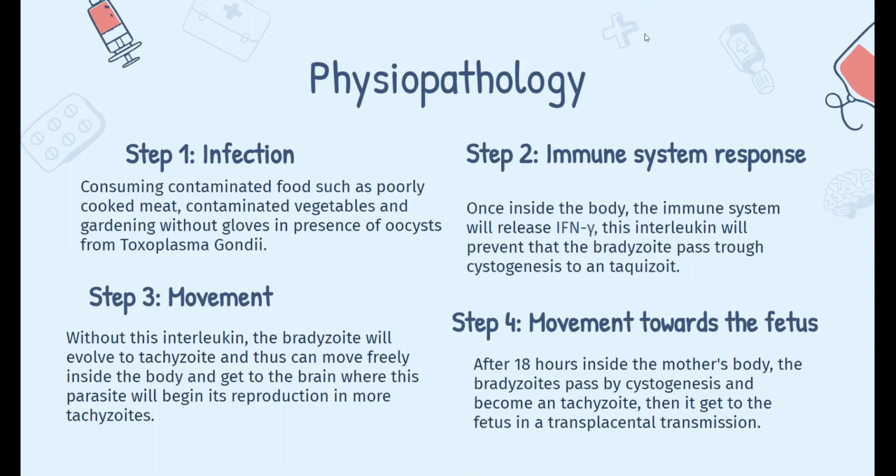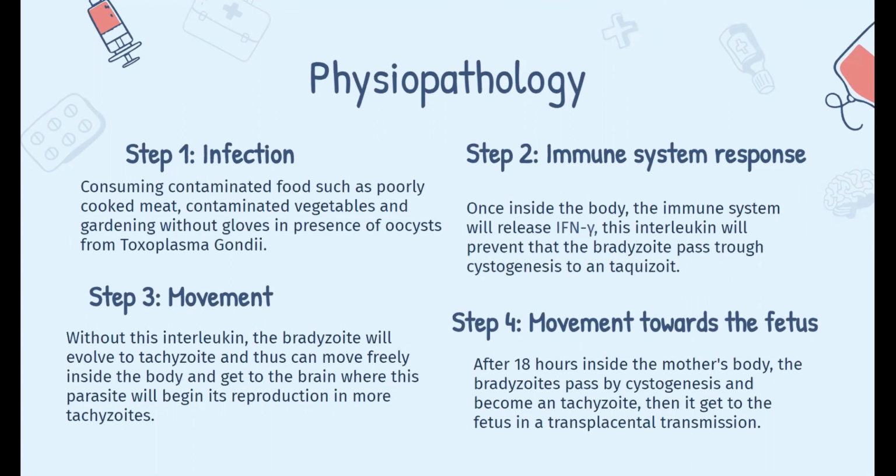I'm Alejandro, and I will talk about the physiopathology of toxoplasmosis. This disease can be divided into 4 steps. The first step is infection. Infection can occur by consuming contaminated food such as poorly cooked meat, contaminated vegetables, and gardening without gloves in the presence of oocysts from Toxoplasma gondii.